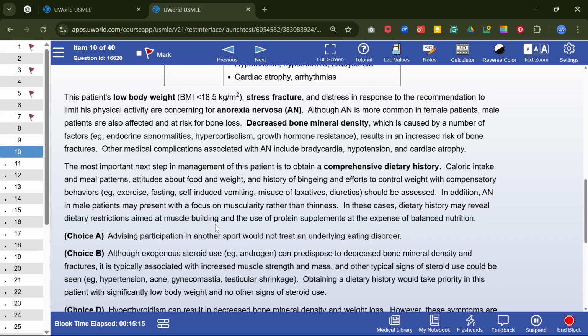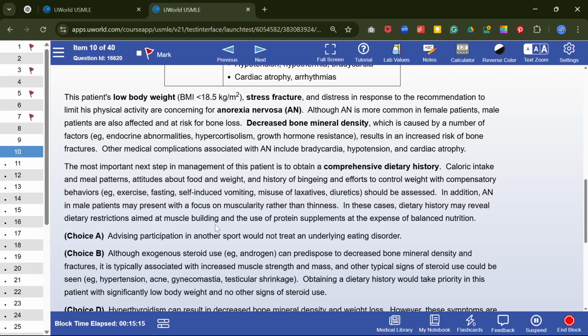The next step in the management of this patient is to obtain a comprehensive dietary history, including caloric intake, meal patterns, and attitudes about food and weight. History of binging and efforts to control weight with compensatory behaviors, such as exercise, fasting, self-induced vomiting, and misuse of laxatives or diuretics should be assessed.